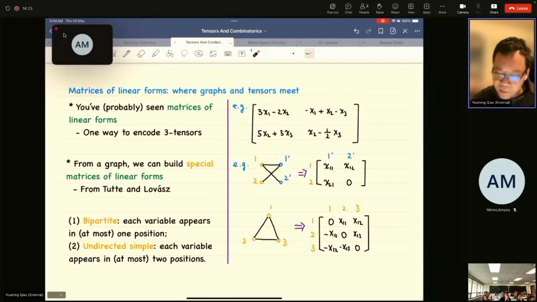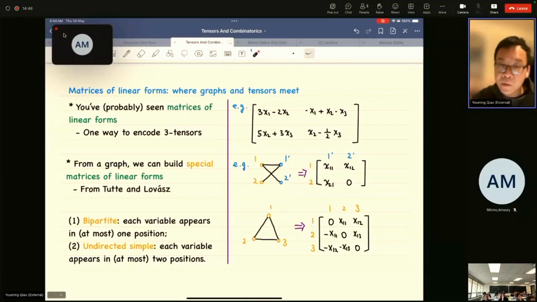And this construction is also quite naive. For example, this is a bipartite graph, right? You see that this graph has 4 vertices partitioned into 2 parts, the orange part and the blue part.